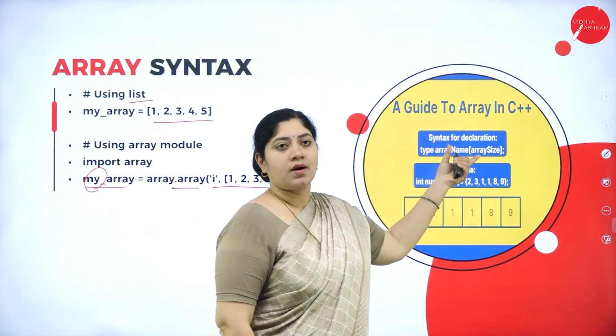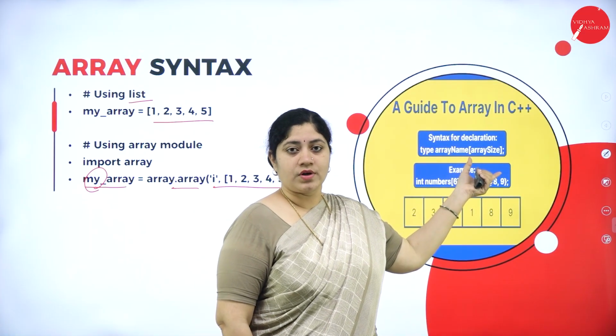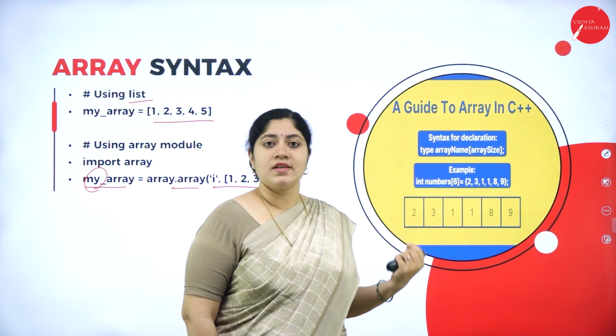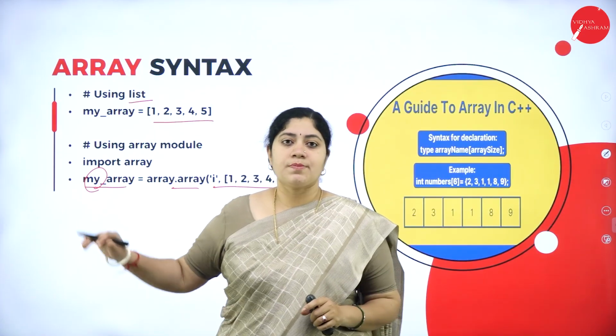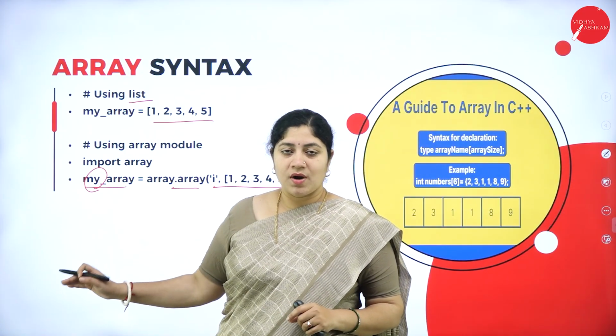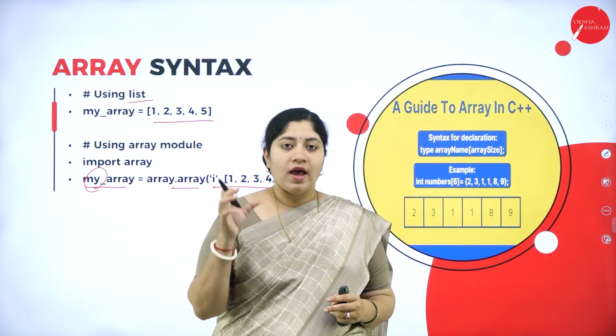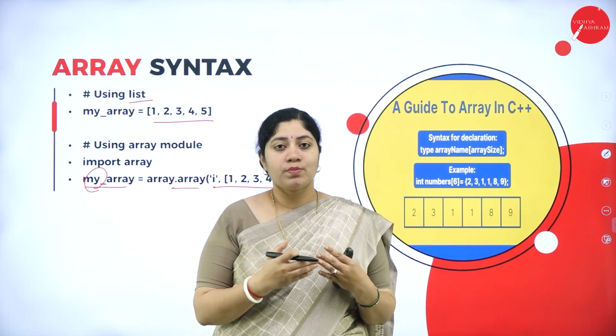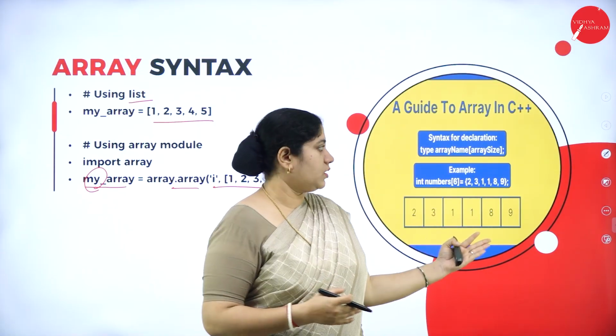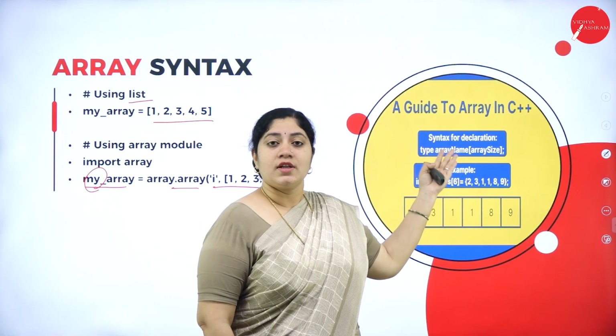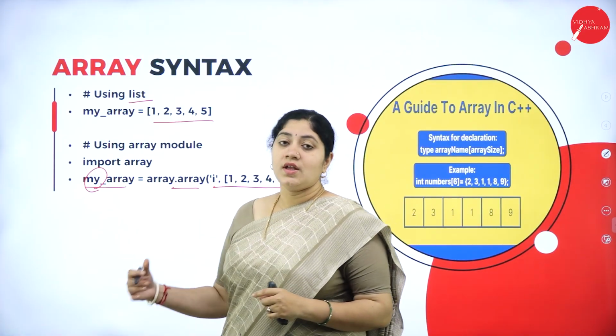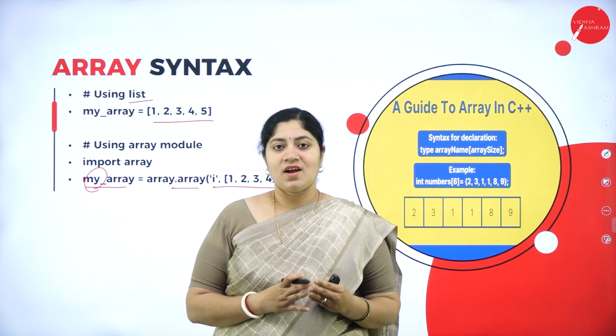So this is a complete declaration statement for a simple array by using a list. Whenever you are considering the module, it is almost the same, but initially you have to add an import statement. So this is the only difference between a list and the module that we use to declare arrays.